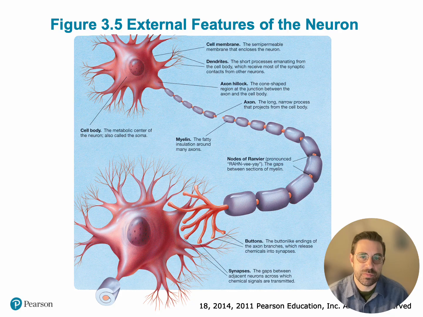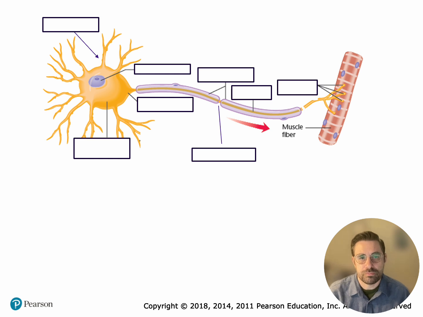Your textbook has an image of the external features of the neuron that looks a little bit something like this, where it's kind of coming at you in three-dimensional. You're free to study this in the lecture slides or in your textbook if you'd like to. I prefer a simpler version that we'll show you in the next slide. Here's our simpler version, and this is sort of our quintessential neuron.